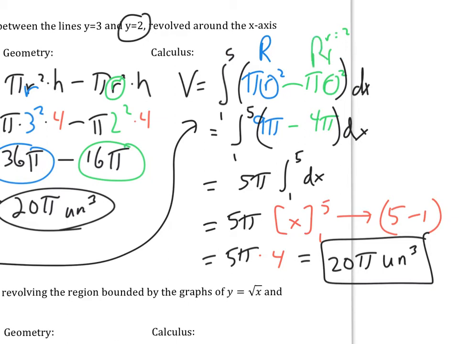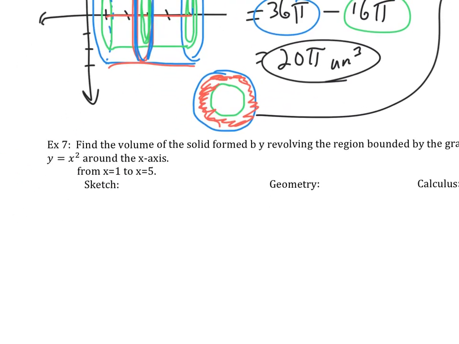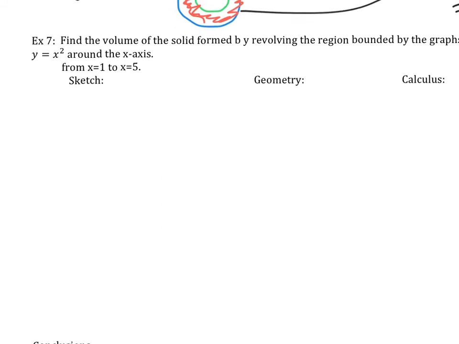And we really could have pulled out the pi, so this could have looked like pi times the integral of radius squared minus radius squared, all inside of my integral. That's going to look familiar. Keep that in mind as we move on to example 7. I think we're ready for it, and you'll understand the point of why we did this.